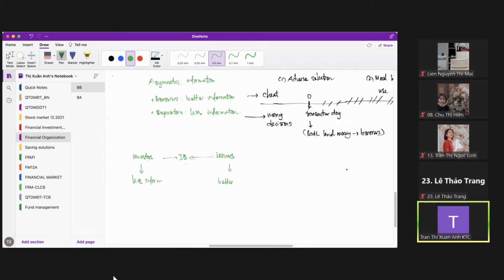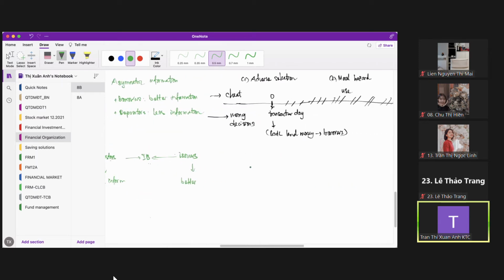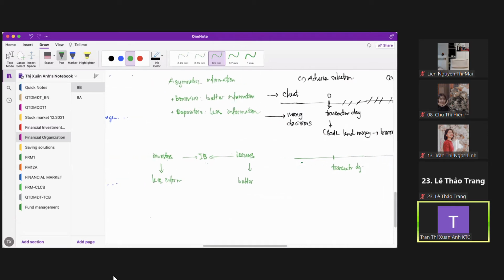Okay. And so what happens with adverse selection? Adverse selection here: we also have the same timeline, with the transaction day here. We know that issuers always have better information.